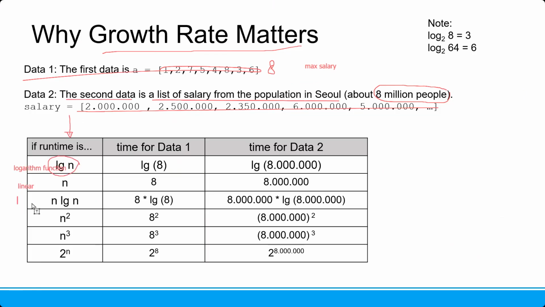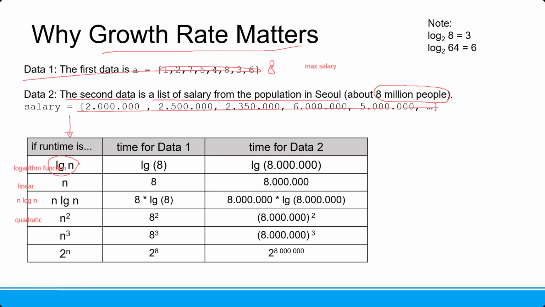This is the n log n function. This is the quadratic function. Okay, so you can check from the functions that we got in the first lecture. There are 7 functions. This is the cubic function. This is the exponential function.